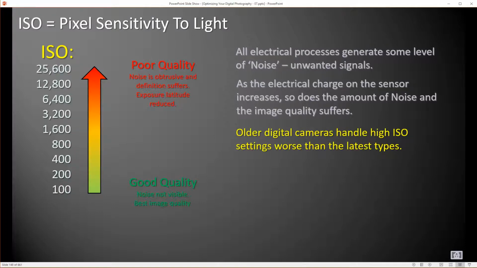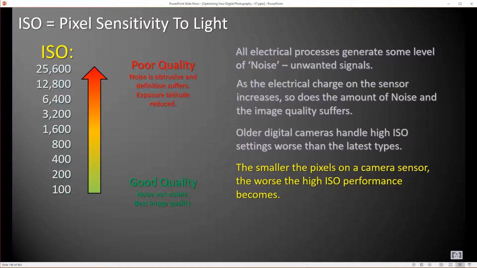Older cameras are far worse at handling high ISOs than the latest types, and some of the latest types can go up to bonkers ISO ratings and still get acceptable quality. Also, generally, the smaller the pixels on a camera sensor, so if you're using a smaller sensor size camera, the worse the performance becomes as you go up the ISO scale.